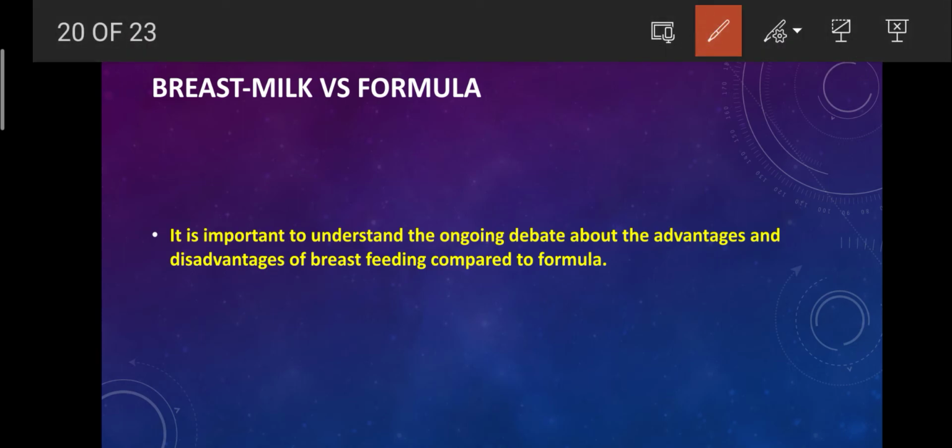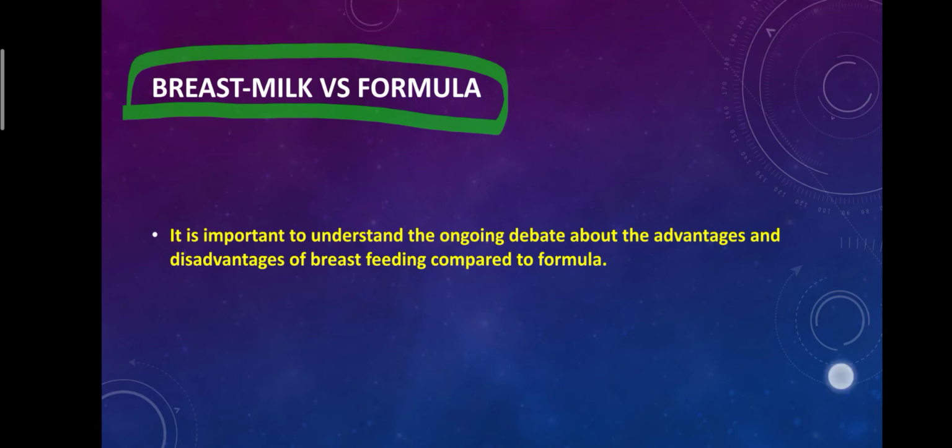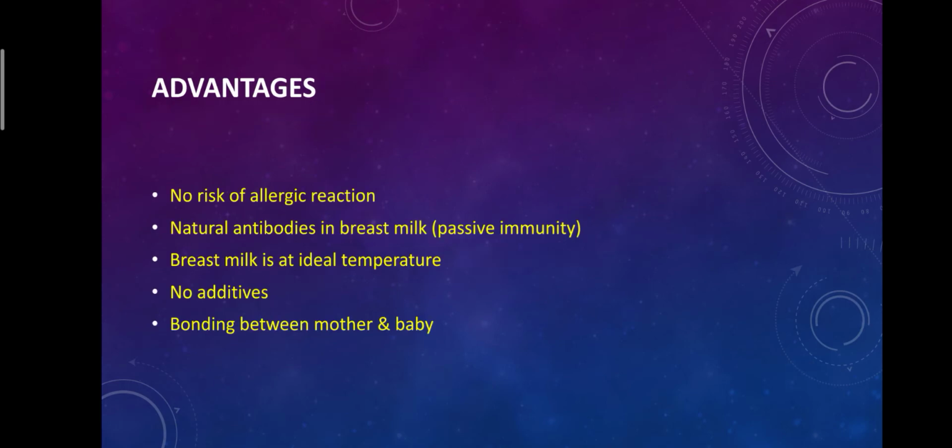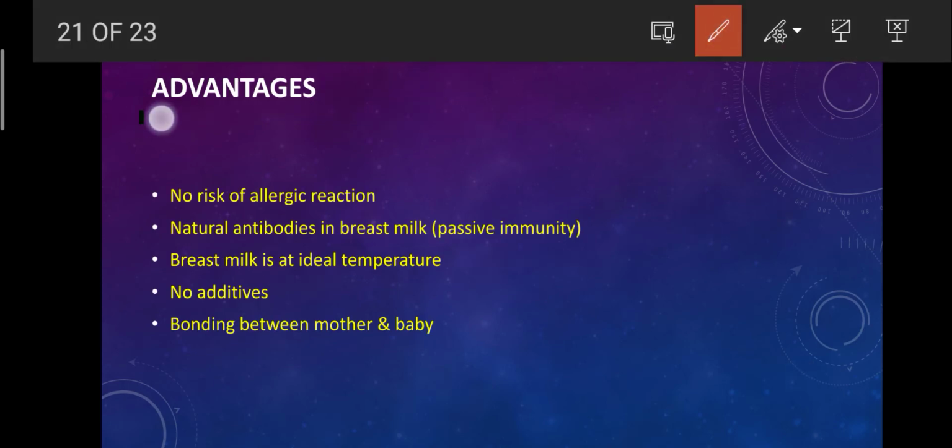Now we will discuss the differences between breast milk and formula milk. It is important to understand the ongoing debate about the advantages and disadvantages of breastfeeding compared to formula milk. So what are the advantages of breast milk? If a baby feeds on breast milk, there is no risk of allergic reaction.